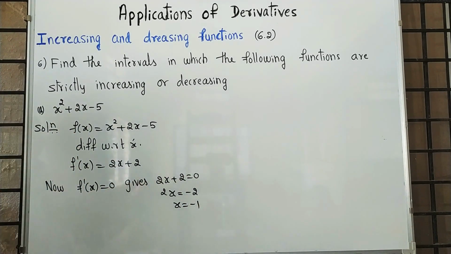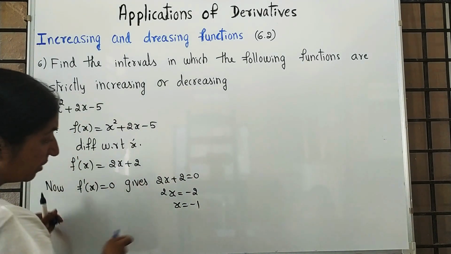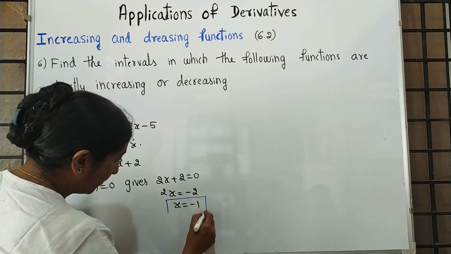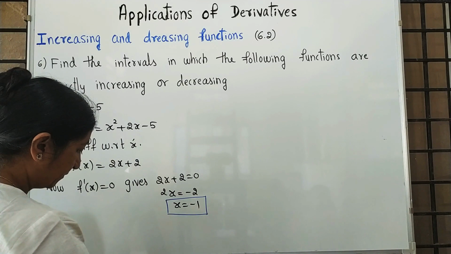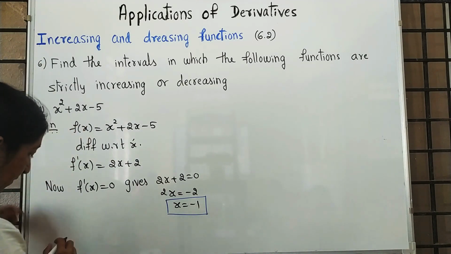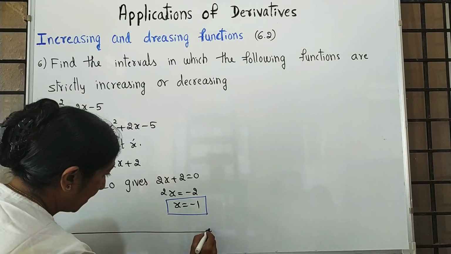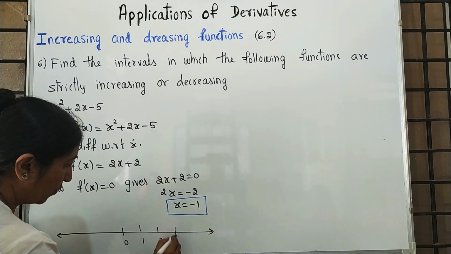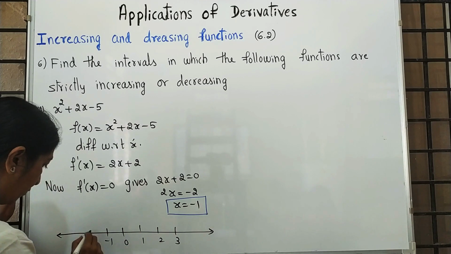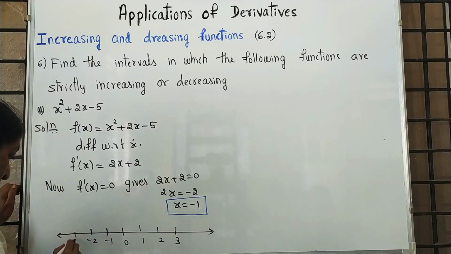Please note this down and mark this point in the number line. So this is 0, 1, 2, 3, minus 1, minus 2. When you mark this in the number line, it comes here.